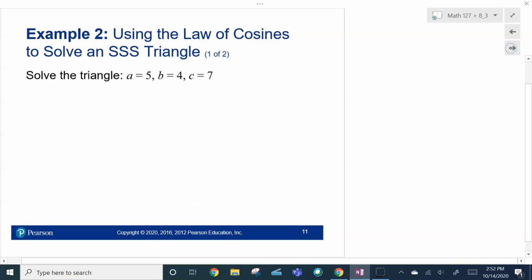Okay. All right, let's go with this one here. Notice angle C is my largest angle here. I don't know if it's obtuse or acute, but let me go ahead and draw that. Maybe it's obtuse.